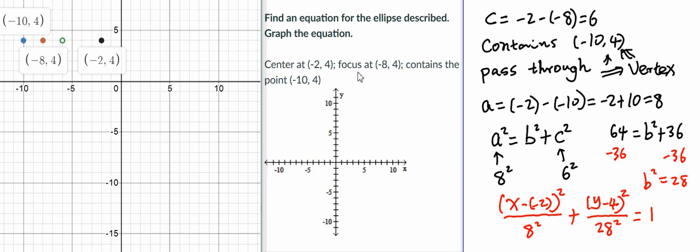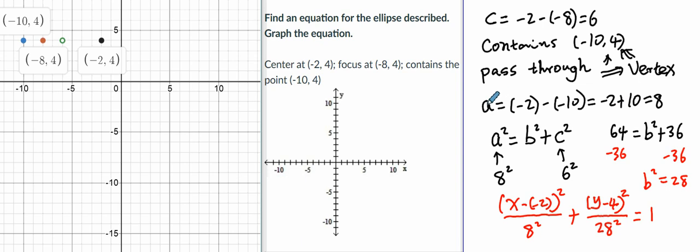Then we know the vertex is (-10, 4). The distance between the center and the vertex will be the a value. So that will be -2 minus -10, the horizontal x-axis value, which is 8.